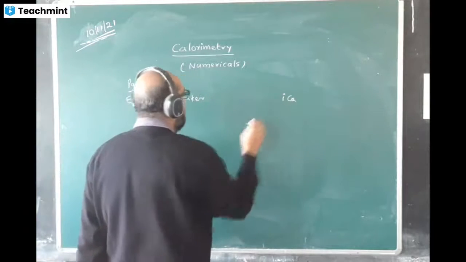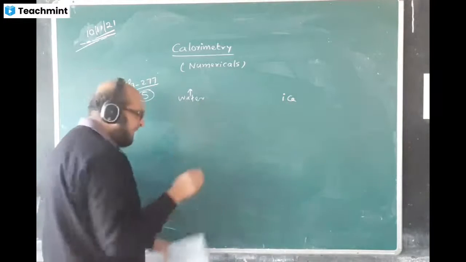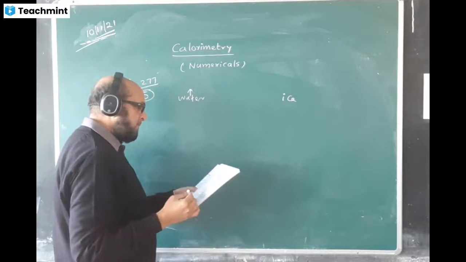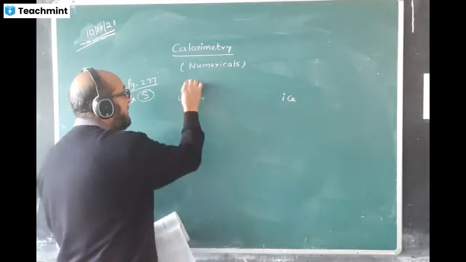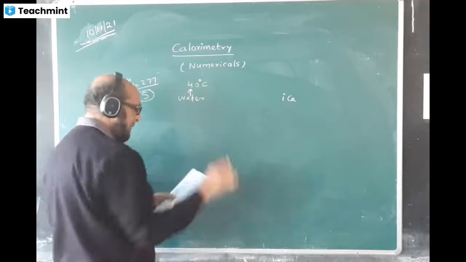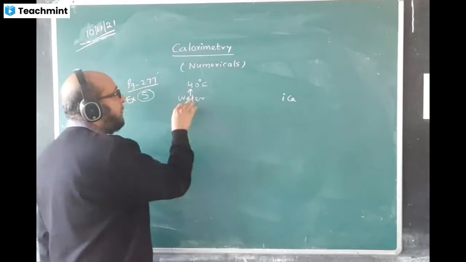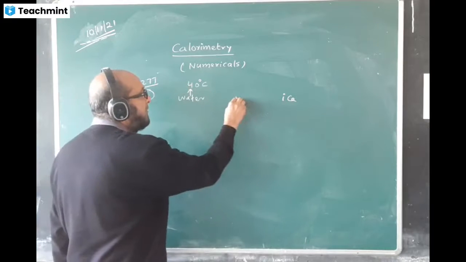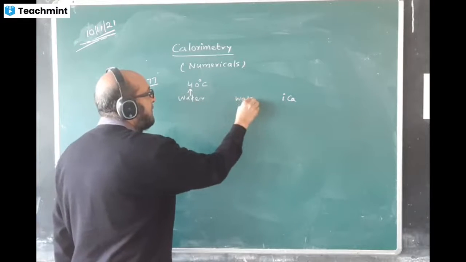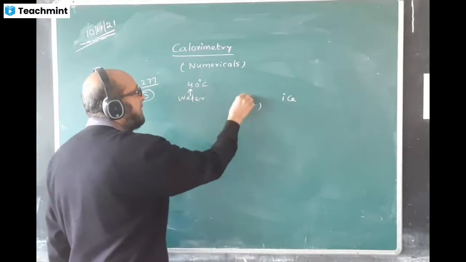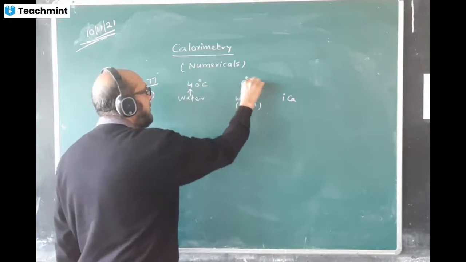This side is ice. Initial temperature of water given is 40 degrees Celsius. 300 gram water at 40 degrees Celsius is lowered to 0 degree. Now, this is the mixture: after ice is added to it, the temperature of water becomes 0 degrees.